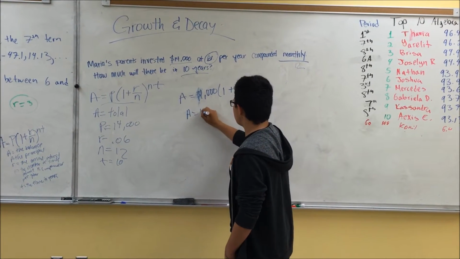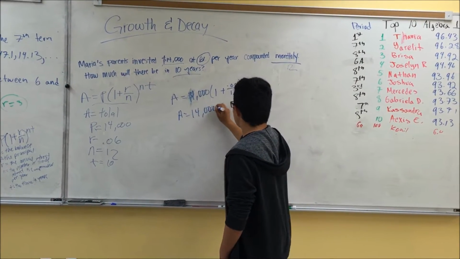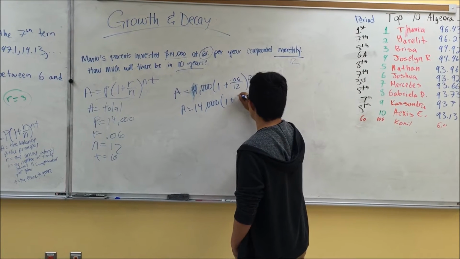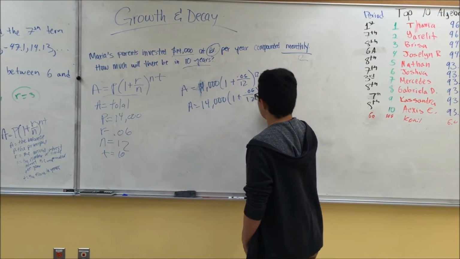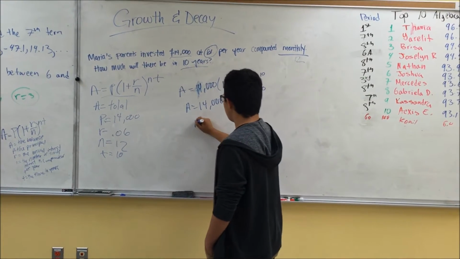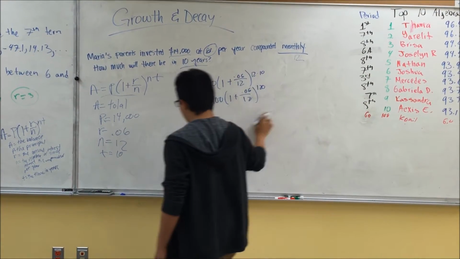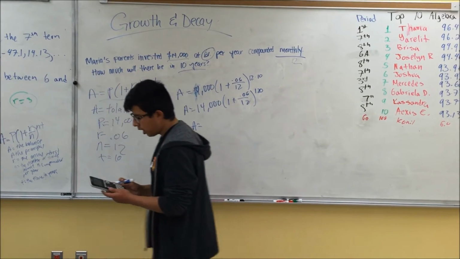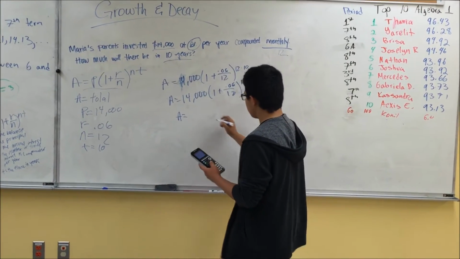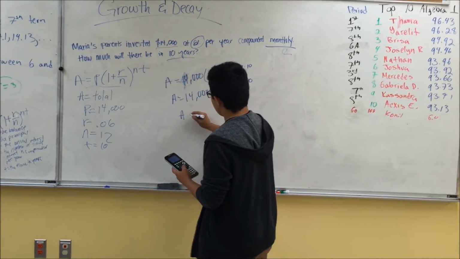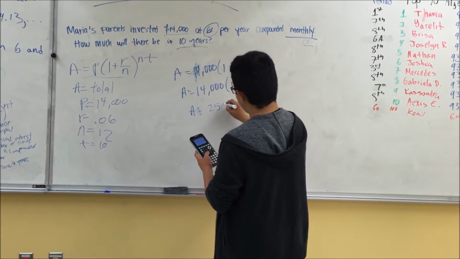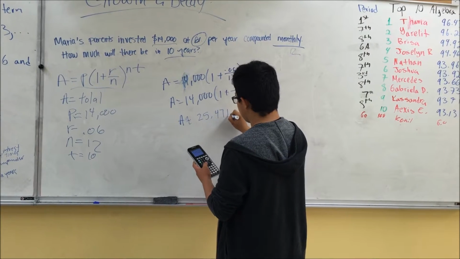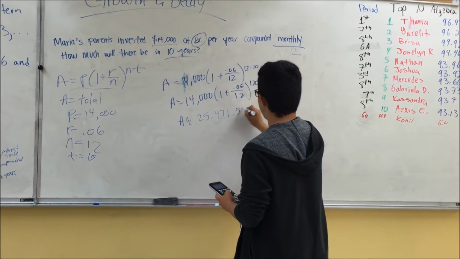So A equals 14,000 times (1 plus 0.06 divided by 12) to the 120. Now, if you plug everything into the calculator, your answer is going to be approximately 25,471.55.